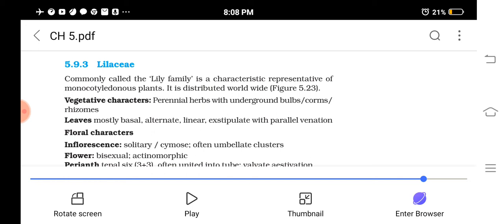Underground bulbs or corms. Have you seen the onions? Okay, so they are bulbs actually. Okay, so that kind of modifications they are having, underground modifications. Then leaves, basal, they will be attached to the base of the plant. Okay, then alternate, linear, exstipulate with parallel venation, because as they are of the monocot families, monocot plants, their venation will be parallel.